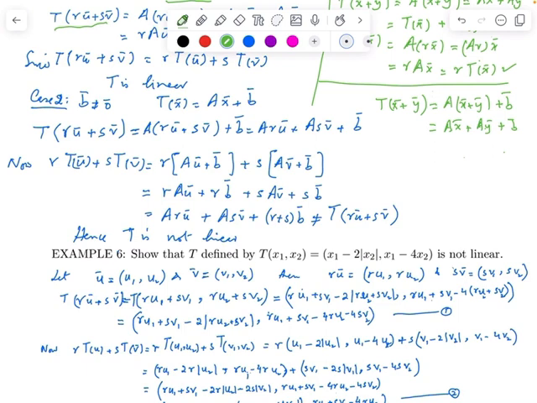This is as simplified as it gets. So now what if I check this, which I wanted to get? This gives me Ax plus b plus Ay plus b. So now note here, these two are not the same, so it is not linear.